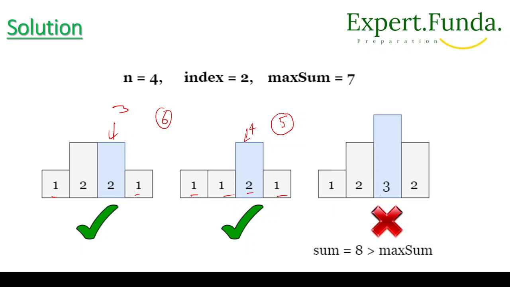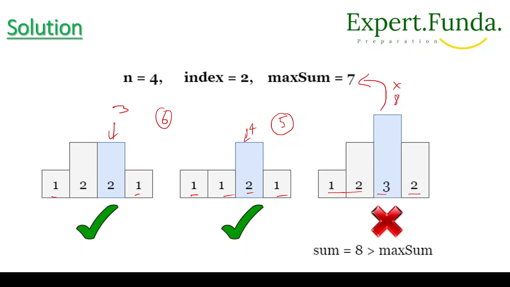Now let's suppose we are taking here 3 at this index, right? 1 2 3 we will take here, and it becomes 2. So that time 3 and 3 is 6, now we have 2, so this will become 8, right? And it is more than the max value, and that is not good, right?